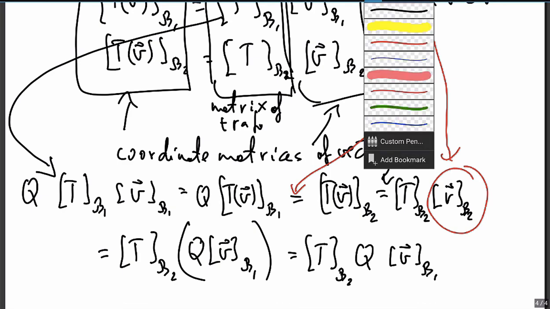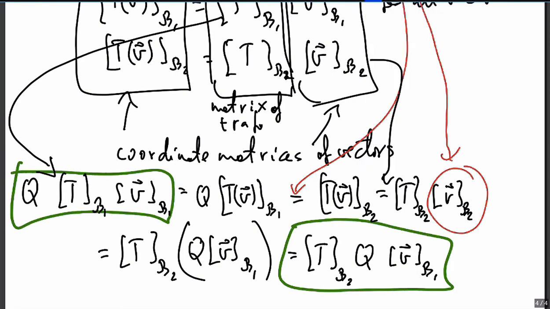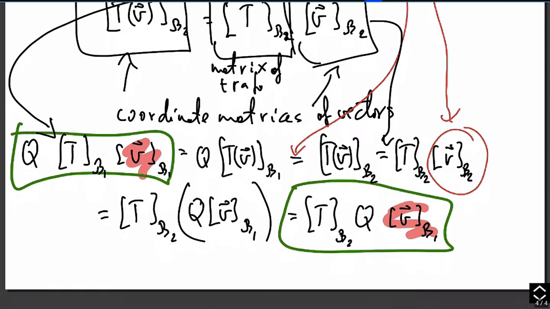And now if we compare what we started with and what we ended with, since this holds for all V vectors, that means by themselves these matrices should be the same.